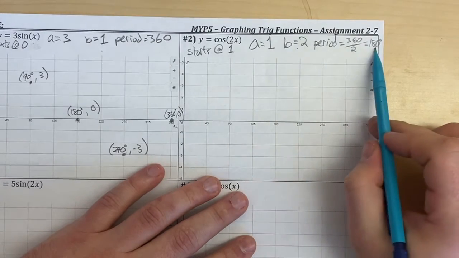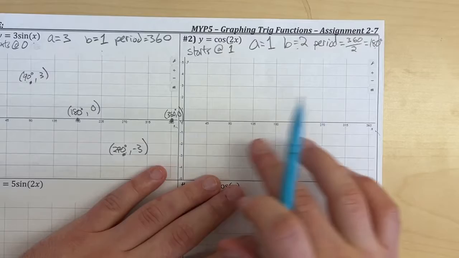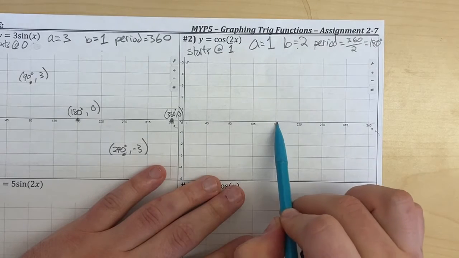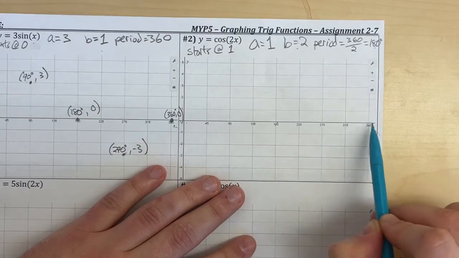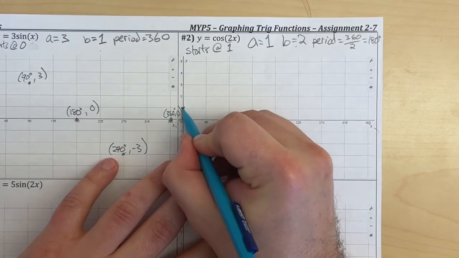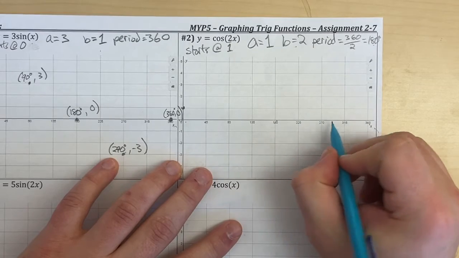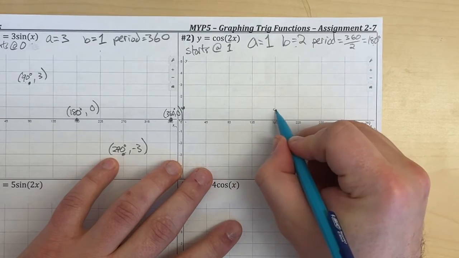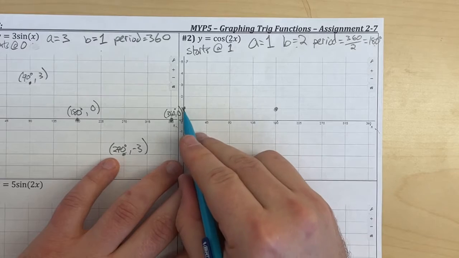And I'm going to have 5 points from 0 to 180, and then I have another 5 from 180 to 360. So again, I set a start and end at the same y value. So I have 1 and 1 at 0 and 180.